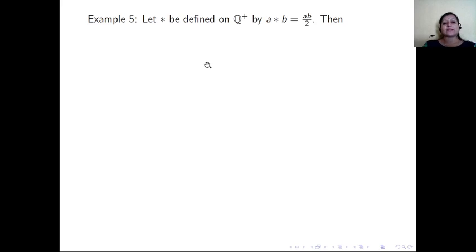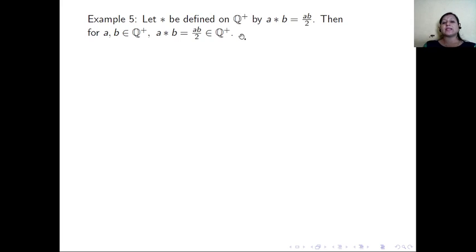Let us come to the next example, which is different from this regular addition and multiplication. So let star be defined on Q plus by A star B is equal to AB upon 2. Then first thing, for any two elements A, B belongs to Q plus, A star B is AB upon 2, which also belongs to Q plus. Note here our set is Q plus. What is Q plus?